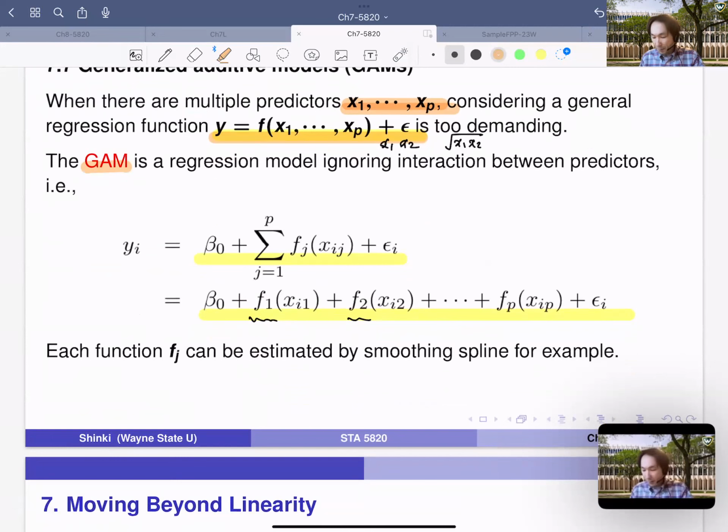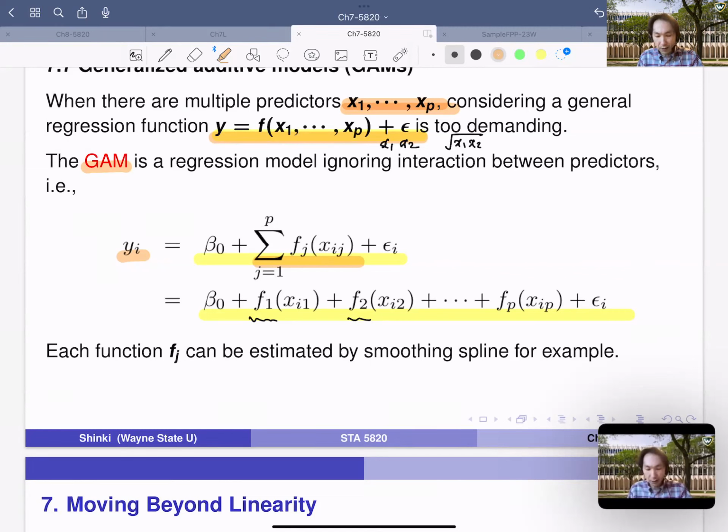So one simple way is we assume that yi is a linear combination of just the fj of xij. Here, j is the index for predictors and i is the index for observations.